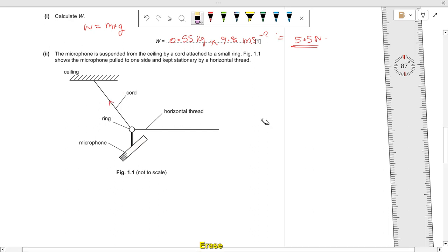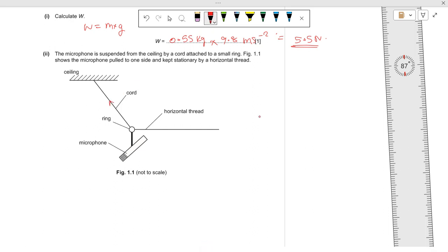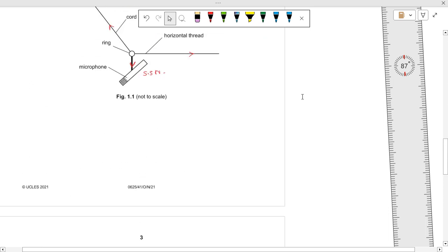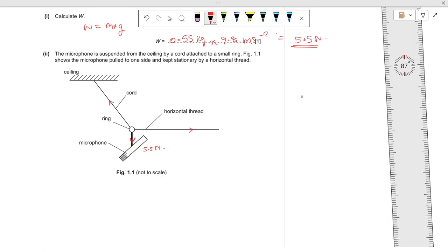There is a tension in the cord and the horizontal thread, and the weight of the mic is exerted perpendicularly downward, right? Weight is equal to 5.5 newtons. The tension T in the horizontal thread is 8.1 newtons.